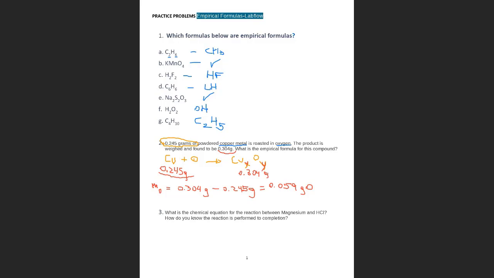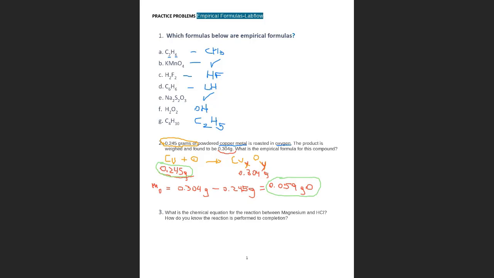What did we do? We have the grams of copper and the grams of oxygen. What is the second step in order to calculate the empirical formula? We have to convert grams into moles, because remember, the empirical formula definition is the lowest whole number ratio of elements.